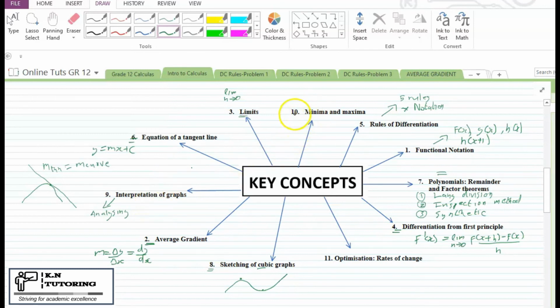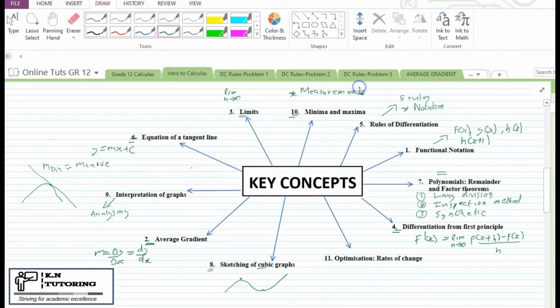And then second from last, number 10, we will look at your minima and maxima. In grade 12, you would realize you don't have the measurement chapter. We don't do what is called measurement.